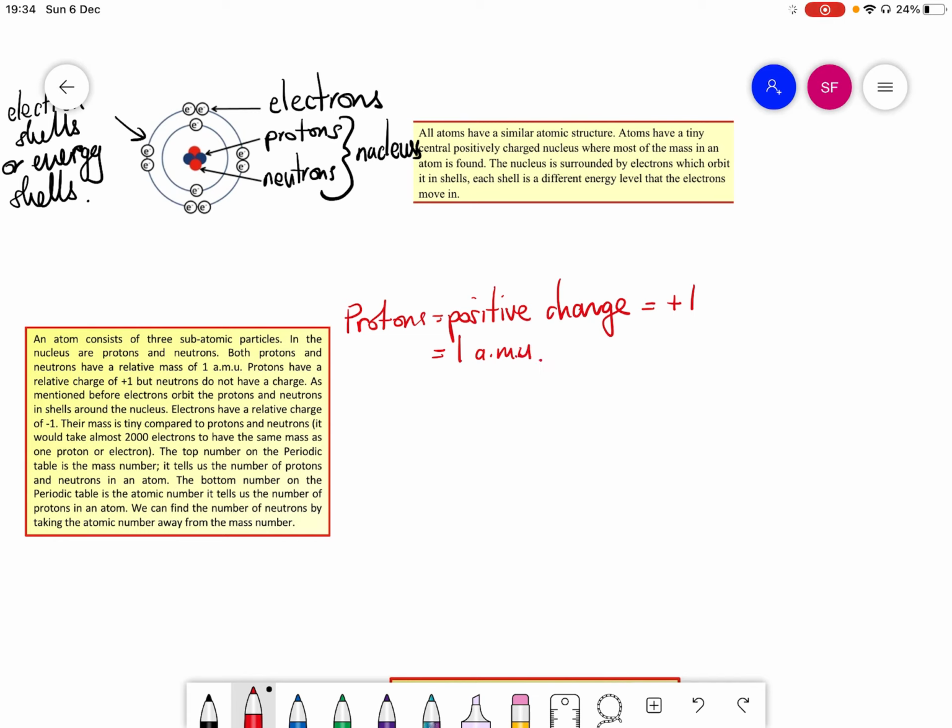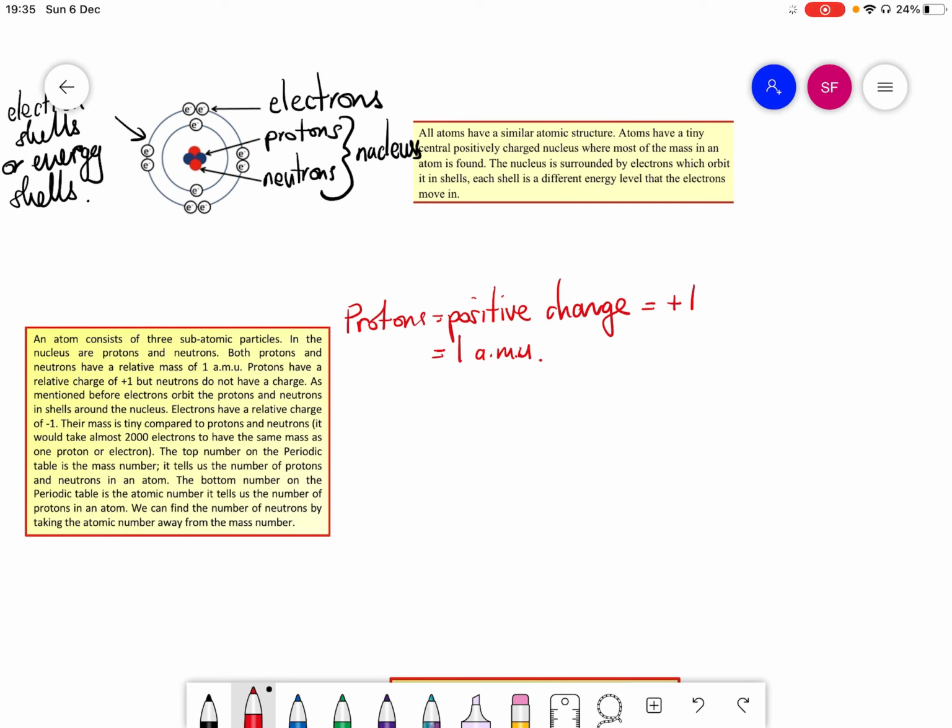So chemists have come up with a unit to use just to talk about subatomic particles because they are so small. If we were to use other standard units, the numbers would be very big or very small in terms of how many numbers are included in it. And so we'd have to use standard form to actually write them down.